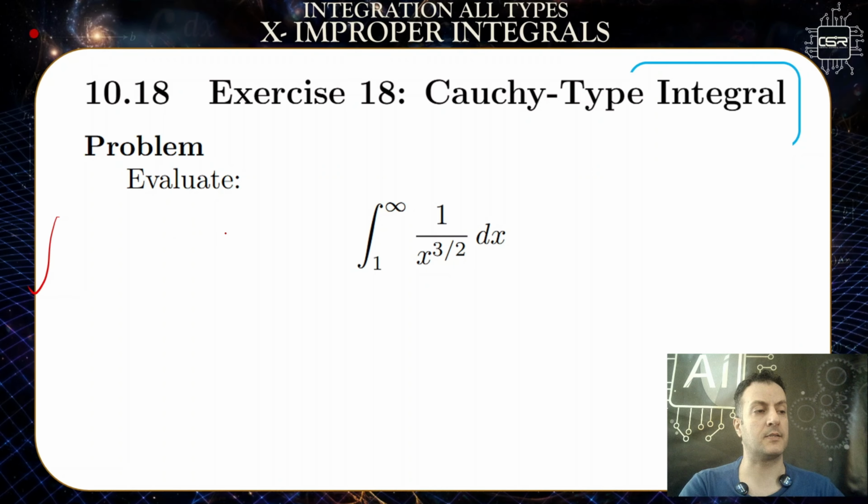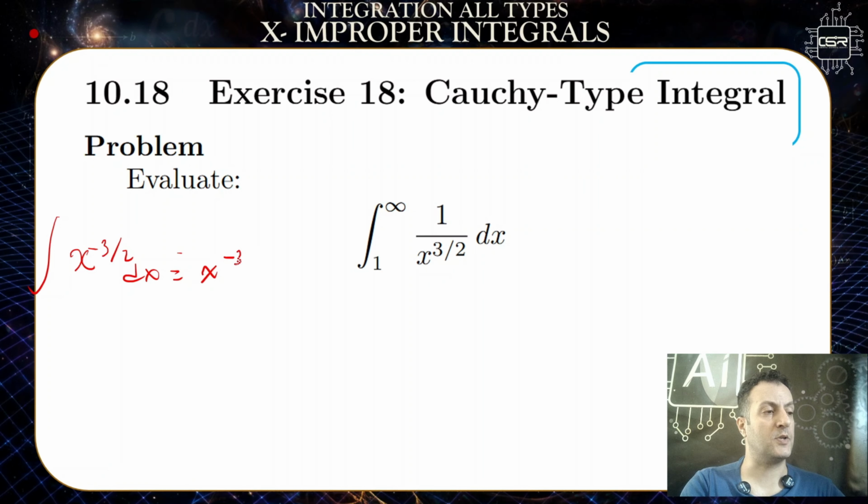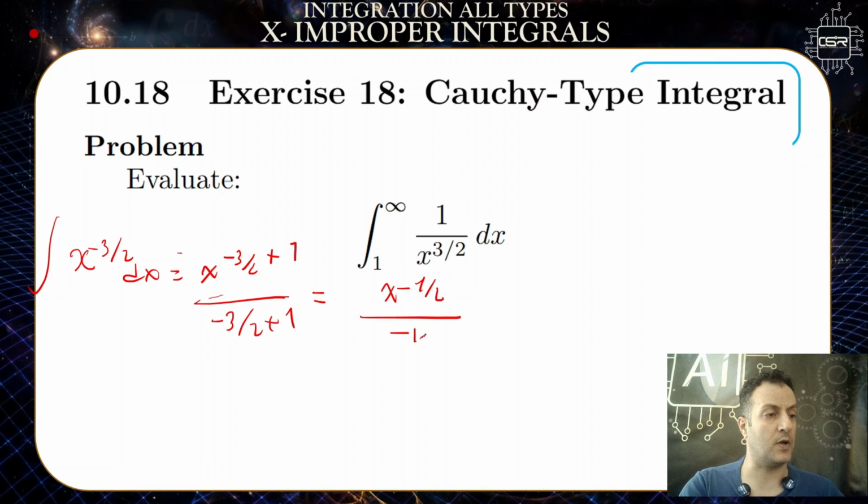And we move x^(3/2) to the numerator, so it becomes x^(-3/2) dx, equal to x^(-3/2+1) divided by (-3/2+1), which is equal to x^(-1/2) divided by -1/2, equal to -2 times x^(-1/2), equal to -2 divided by x^(1/2), which is the square root of x.